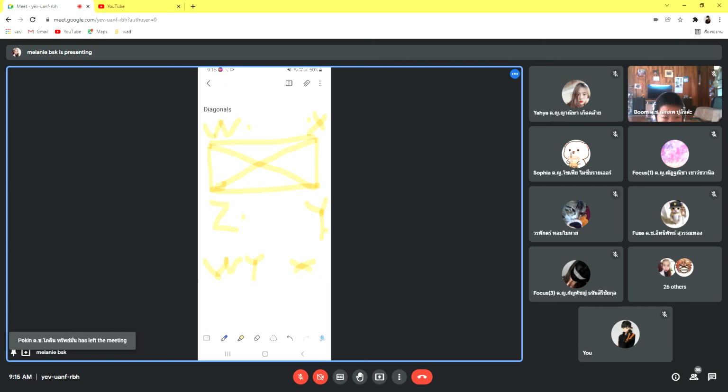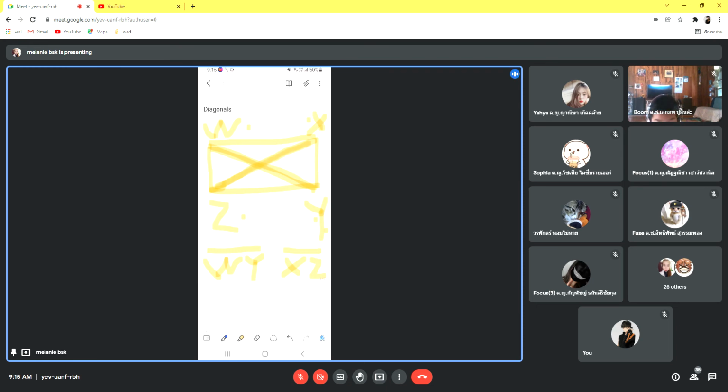So if we're going to write the diagonal, the symbol is like this one. Can you follow, children? The diagonals are the two vertices W and Y, and then X and Z.